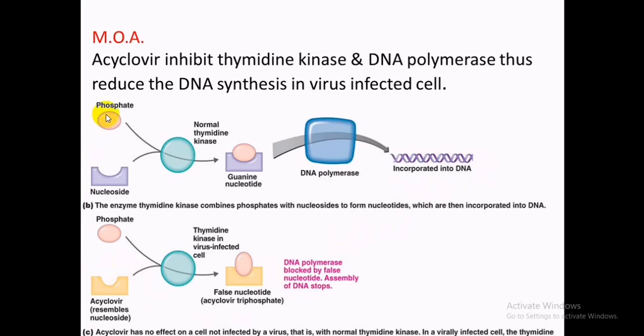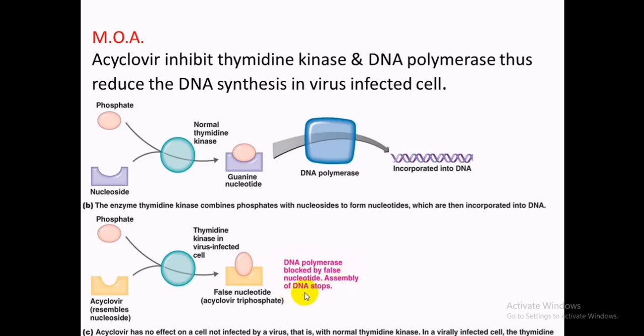When a normal nucleoside is replaced by acyclovir, it passes through thymidine kinase in the virus-infected cell to give a false nucleotide, acyclovir triphosphate. In this step, DNA polymerase is blocked by the false nucleotide.